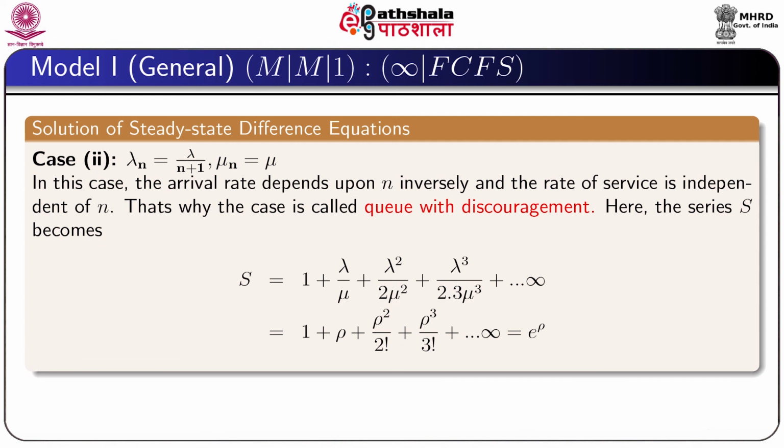That is why this case is called the queue with discouragement, and the series S becomes S equals 1 plus lambda by mu plus lambda square by 2 mu square plus lambda cube by 2 into 3 into mu cube plus dot dot dot, which actually gives e to the power rho, where rho is equal to lambda by mu.